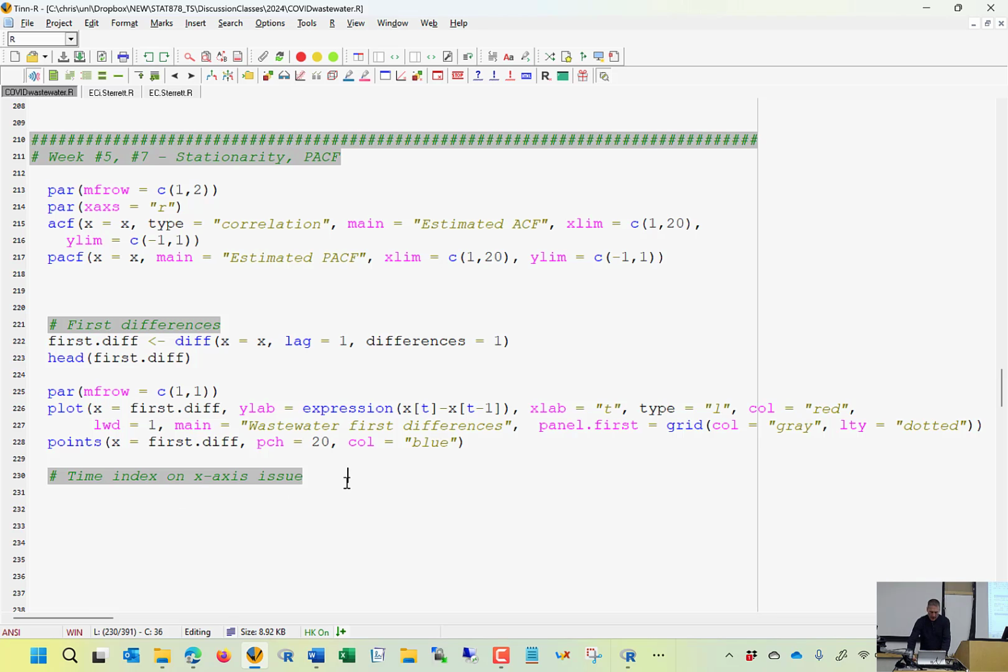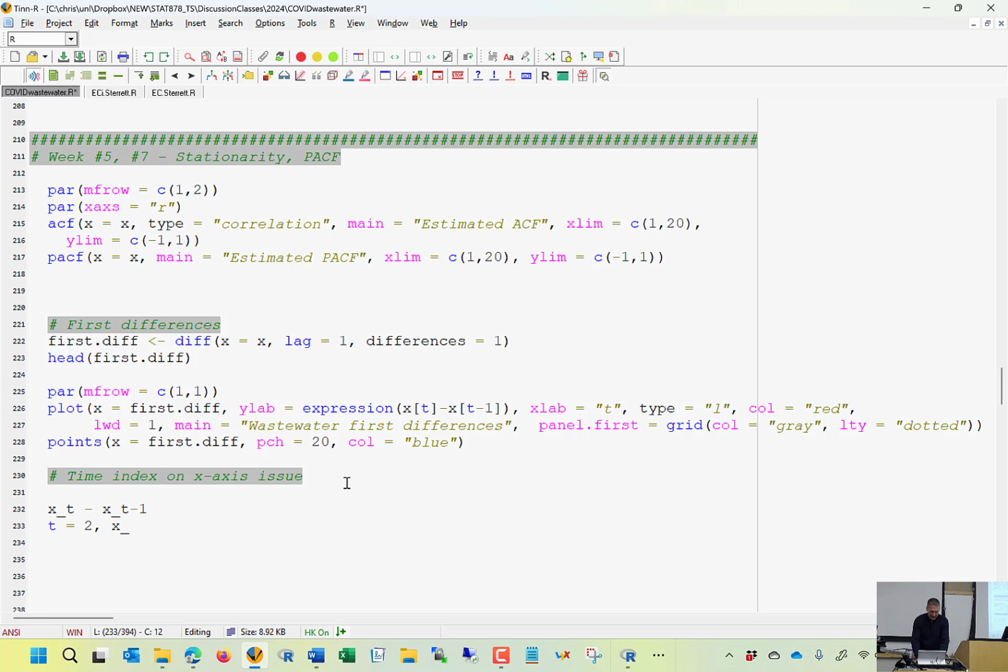But let's look at that first difference. I'm just going to use this simple text-based notation here. There's my first difference, x sub t minus x sub t minus 1. And so the first time that I can compute this is when t is equal to 2.